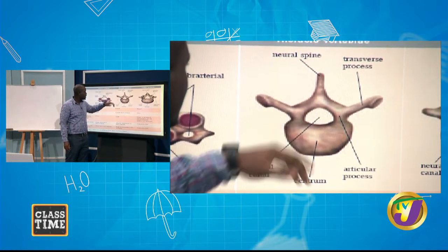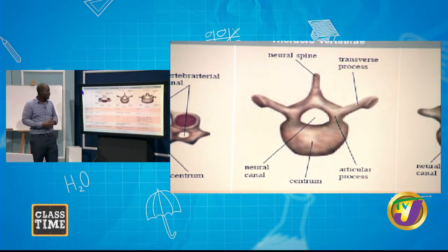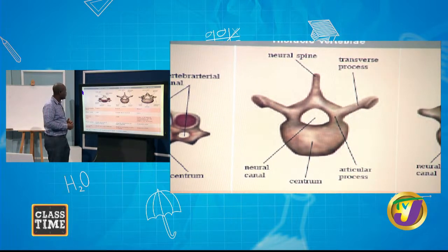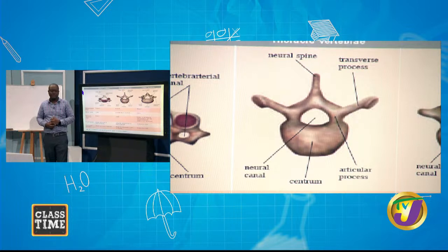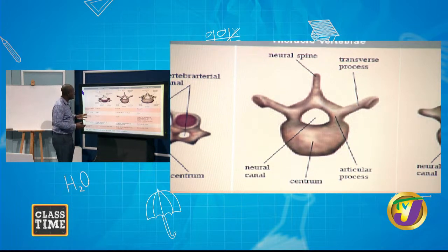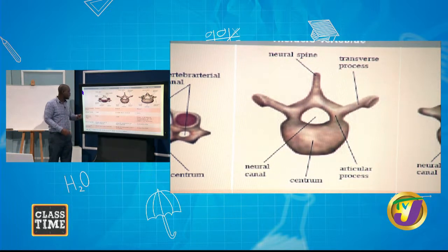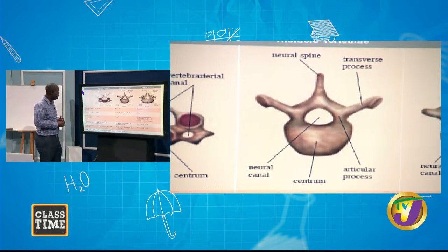It has very short transverse processes, and that is to facilitate articulation with the rib cage. The neural canal is smaller compared to the cervical, and their centrum is larger than the cervical, but it is not as large as the other one that we're going to show you. Right?